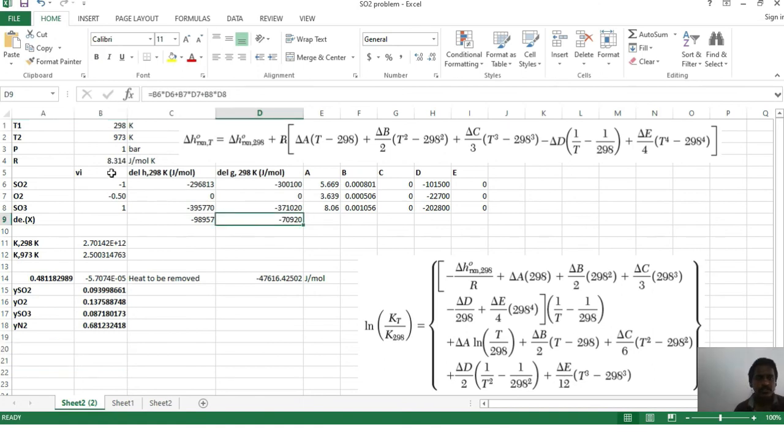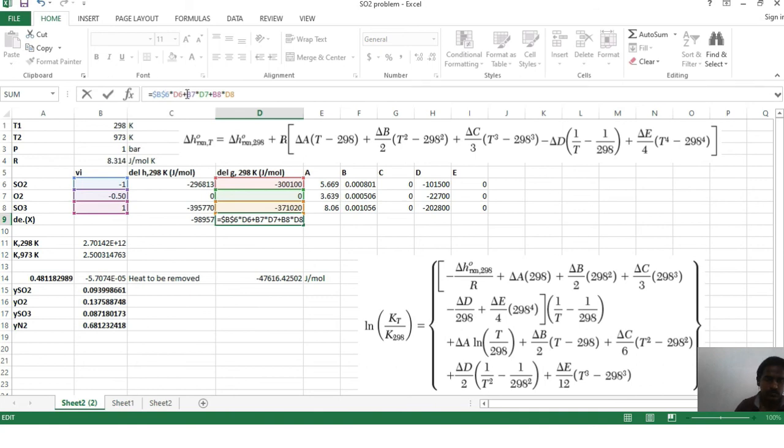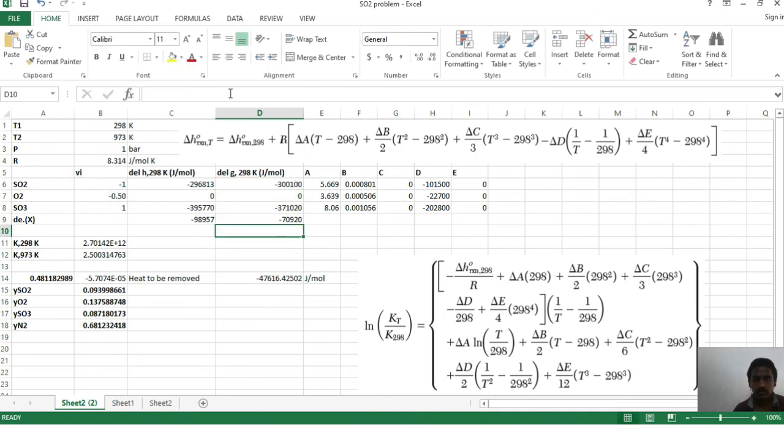In order to fix the cell value of vi, I am going to insert a dollar symbol in front of V and after the B. I have done it successfully. Now I can copy the formula for the remaining columns. Look here, the values of B do not change for all the cells.